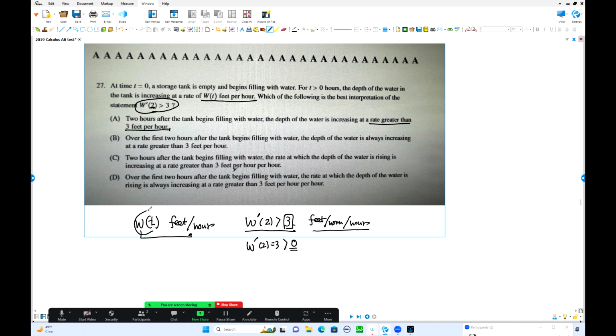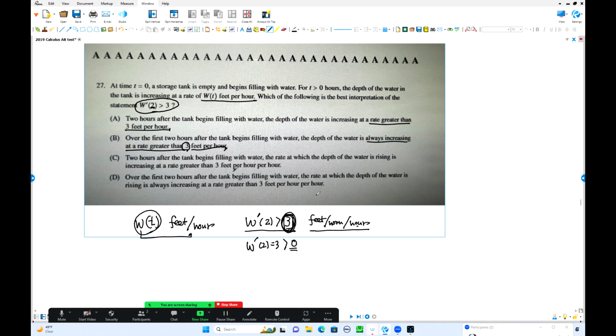Positive means the rate of filling water is increasing. Always increasing at a rate greater than 3 feet per hour? No. We just know it's increasing, but this one is a little different. The unit should be feet per hour per hour, okay?